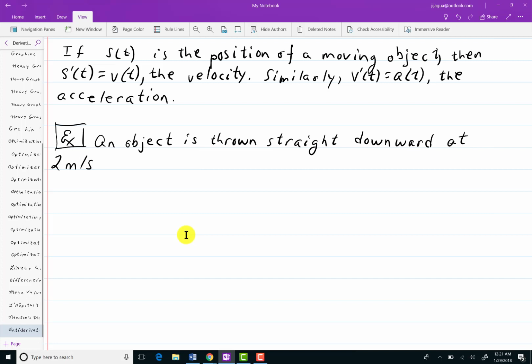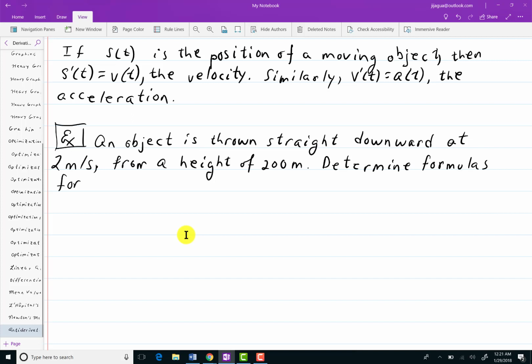It's going straight down. Additionally, suppose the height that it was thrown from was 200 meters. I want you to determine formulas for the position, s of t, and the velocity, v of t.